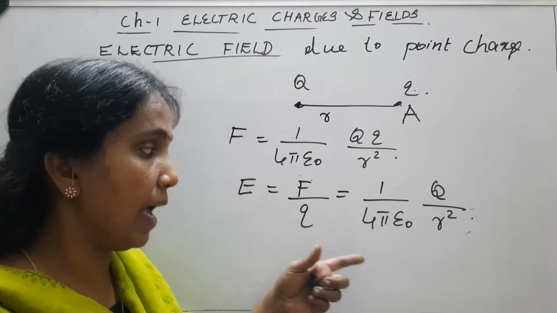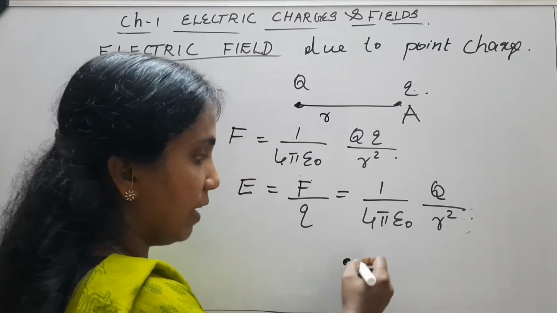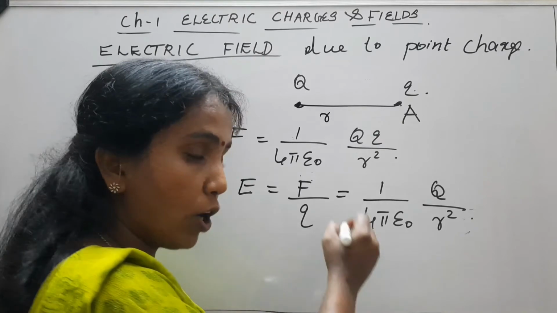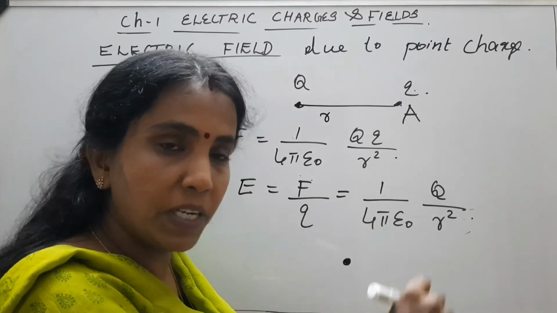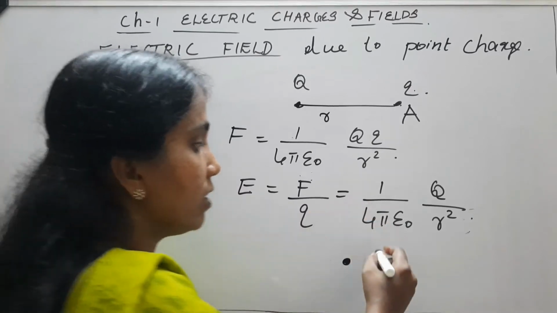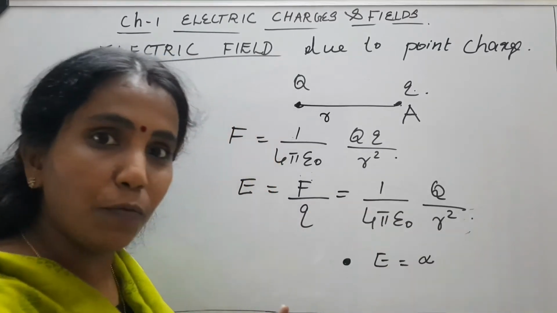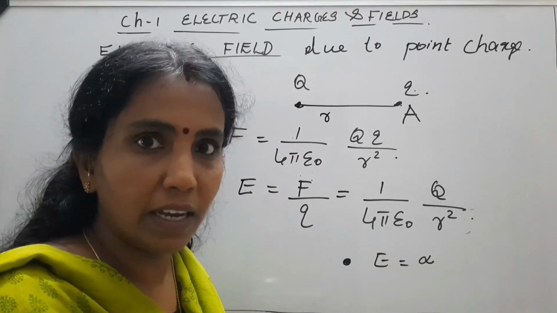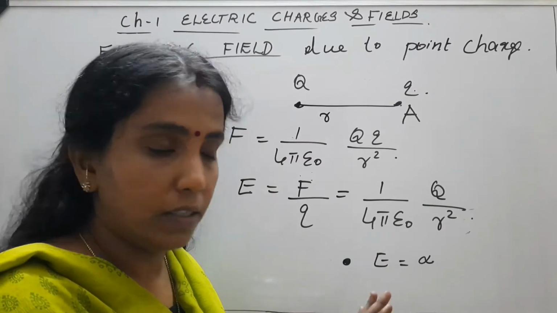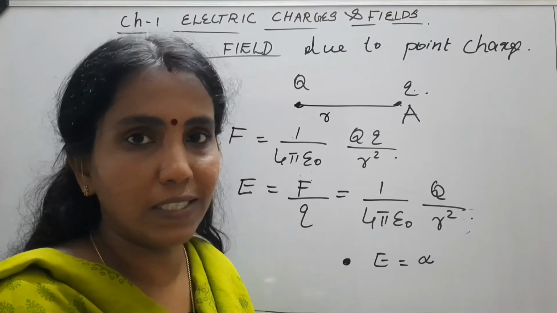And one more thing is there, the position where the charge is kept. At that point r will be equal to 0. In that case, electric field will be equal to what? We don't know. So electric field is not defined according to Coulomb's law at the position where the charge is kept.